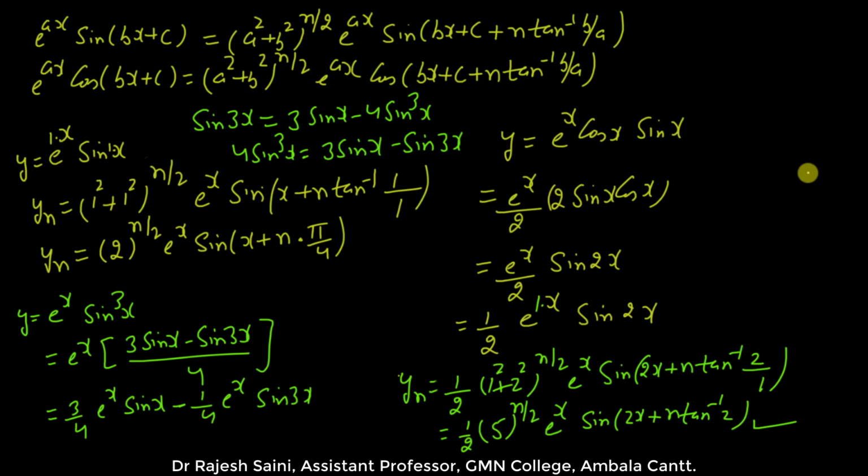So if we have to write its nth order derivative, here I could write y_n is equal to, coefficient of x is 1, here is 1, so it will be 3 by 4 times the square root of 1 square plus 1 square, which is 2 raised to the power n by 2, e raised to the power x sin of x plus n times tan inverse 1.